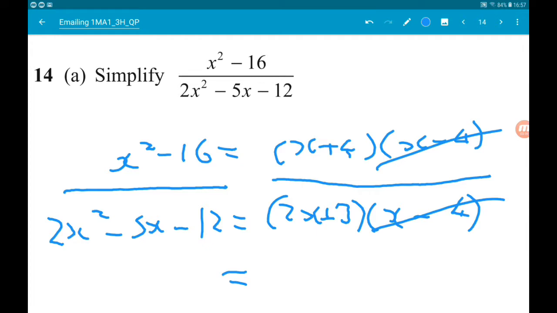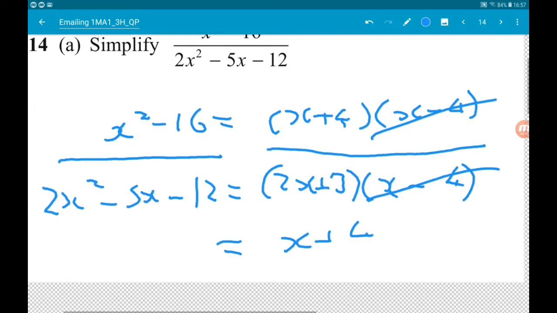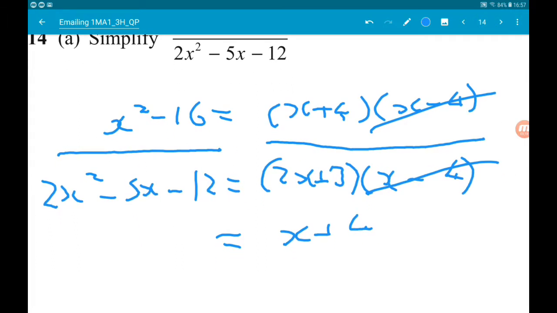And we get left with x add 4 over 2x add 3. If you want more examples, check out my algebraic fractions playlist down below.